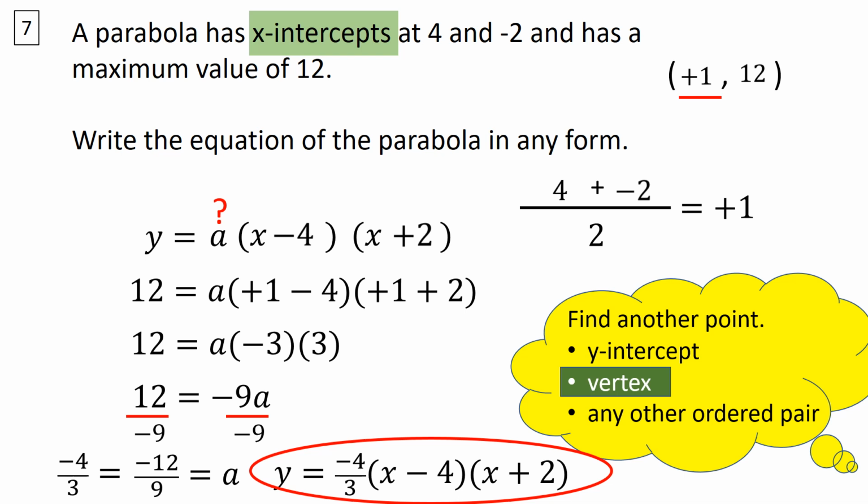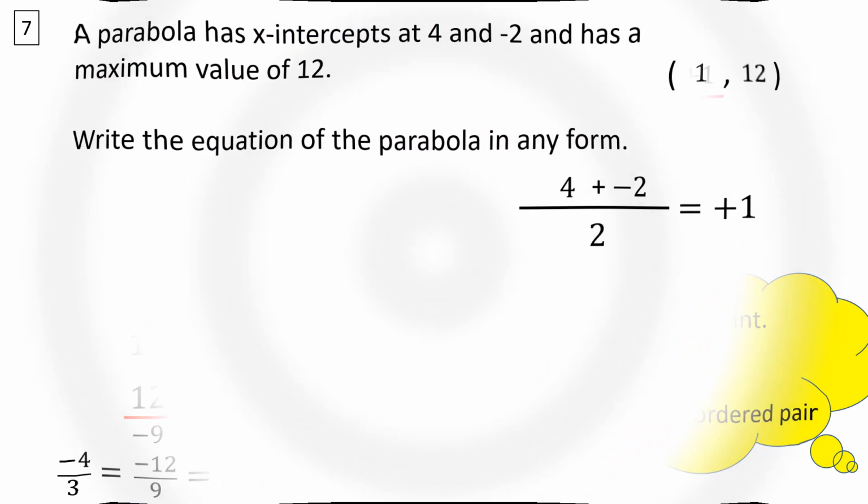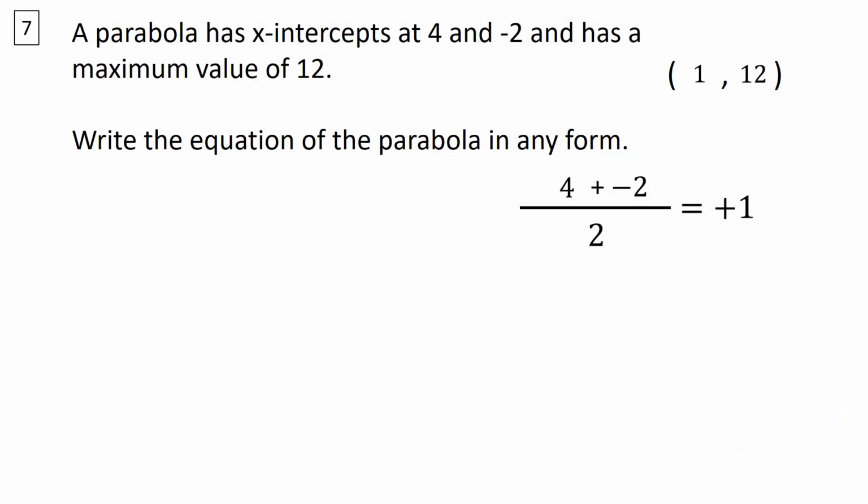We could have gone with standard form, which is really hard to write an equation for, or maybe we'd go vertex form. We've got a lot of that information and we find it the same way.